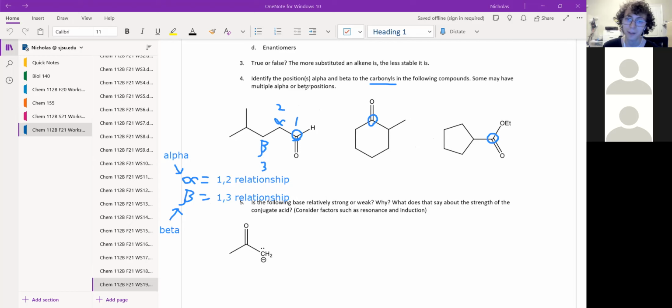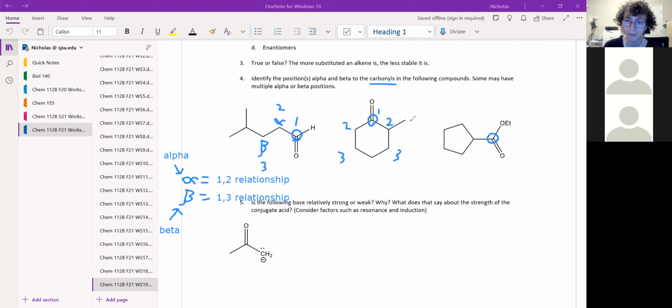And like I say in the question, you can have multiple alpha or beta positions. So you might see that. Unless you guys draw on it, it'll be hard to show me, so I'll just go over it. This is still carbon 1. You can call both of these 2 relative to that. We're not numbering it like how we would name it. I'm just numbering it to describe alpha and beta. So those 2 are right next to it.